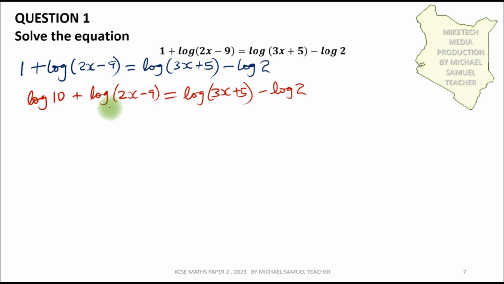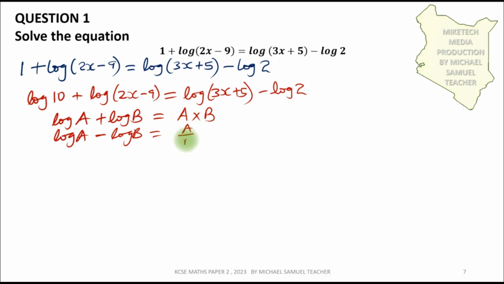From there, using the laws of logarithm, if you have log A plus log B, it is the same as log of A times B, and log A minus log B will be log of A over B. So in our case we shall write this as 10 times 2x minus 9 will be equal to the other one.